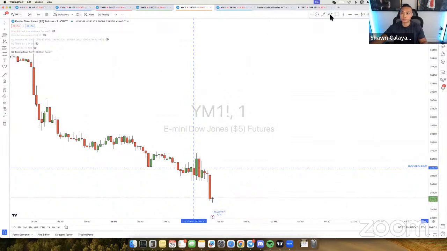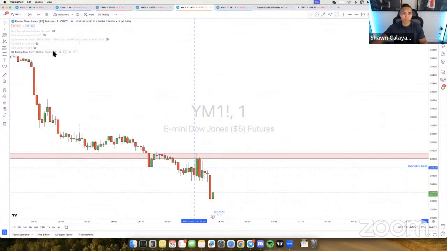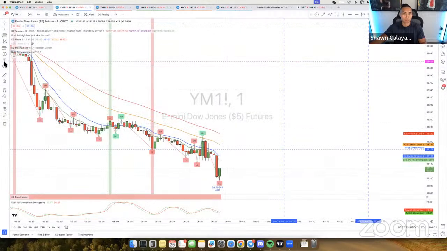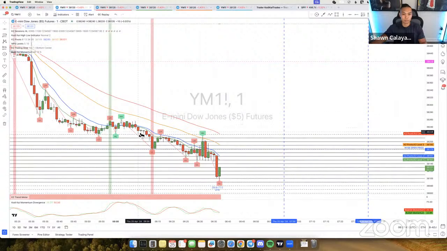So it looks like we have some upper structure. We got some upper structure right here. This is the 1 minute resistance level. Let's see if this could be, so the MPS already came up earlier, guys.